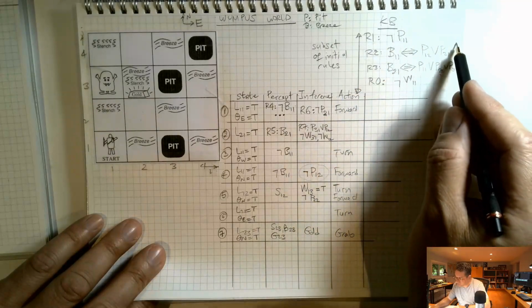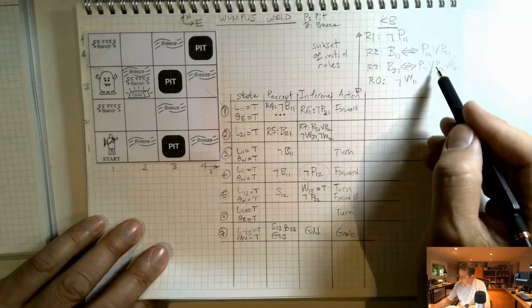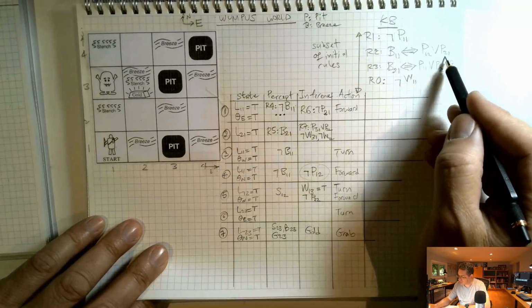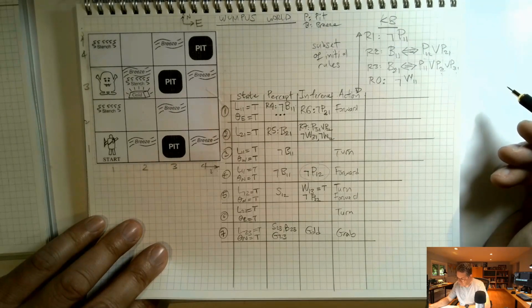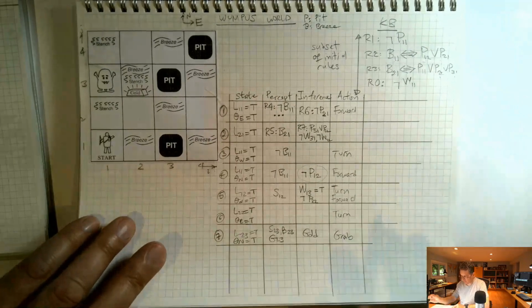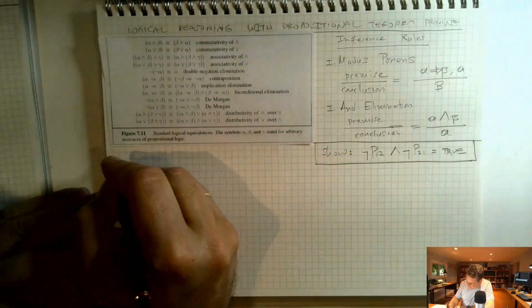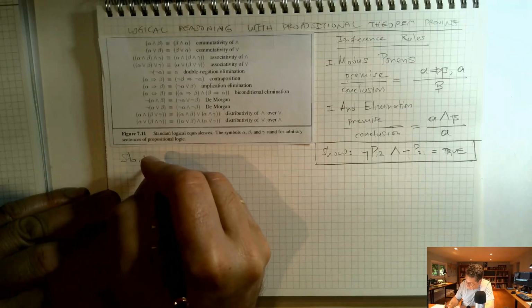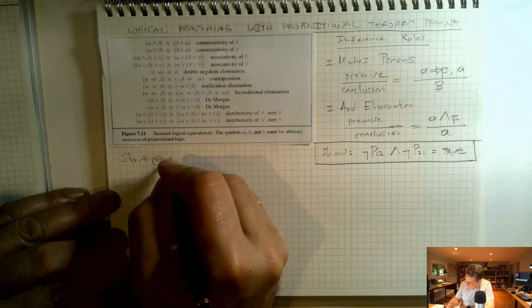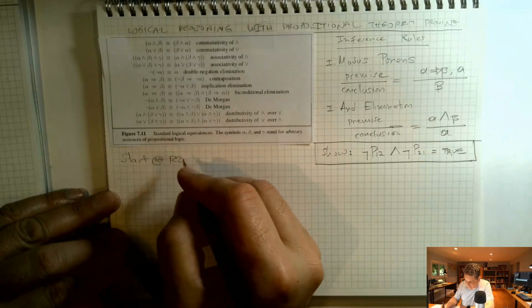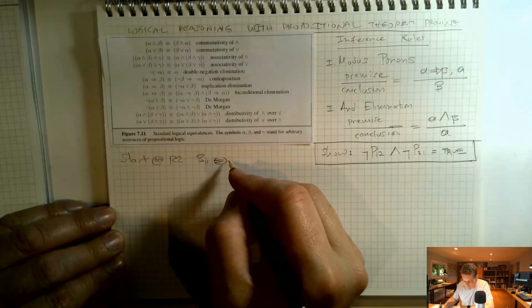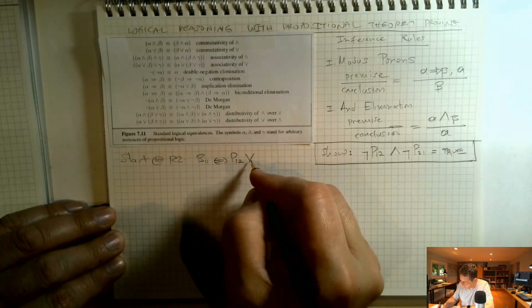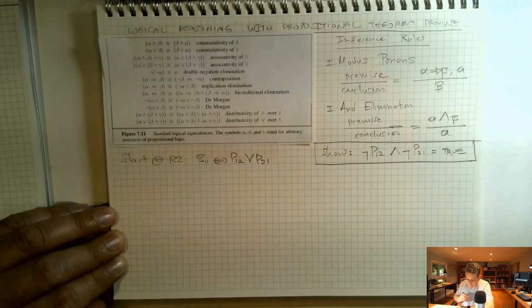So we will start from this rule, which definitely involves the propositional symbols that are going to be involved over there, and we can see that that's our starting point. So let's look at this, starting at R2, which is B11 if and only if P12 or P21.